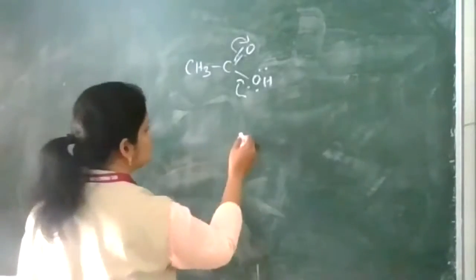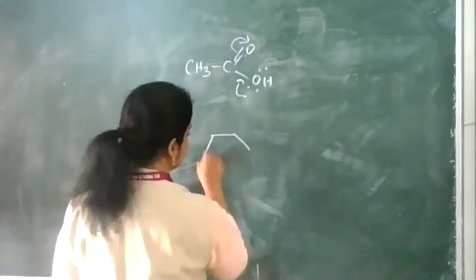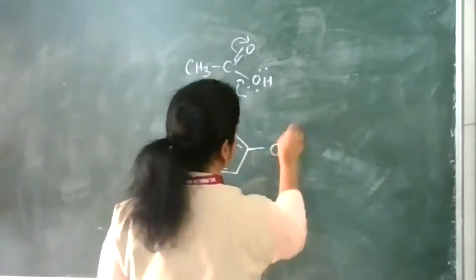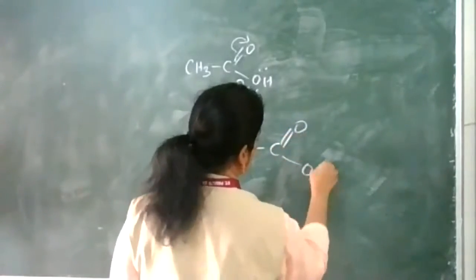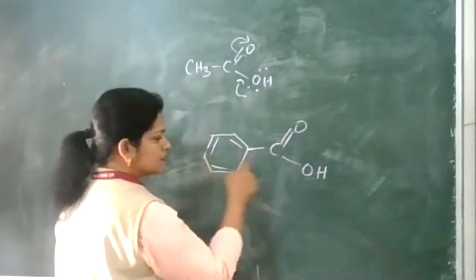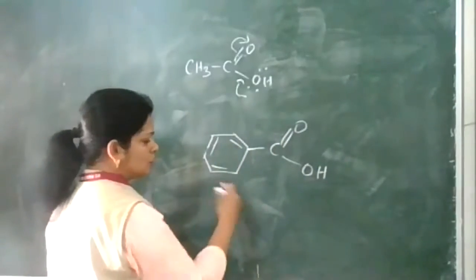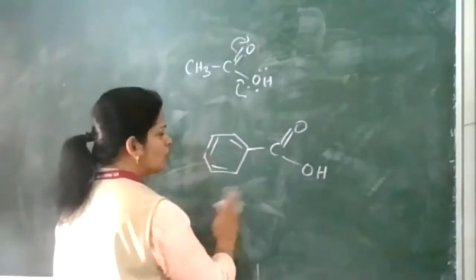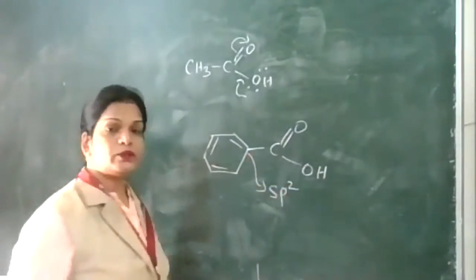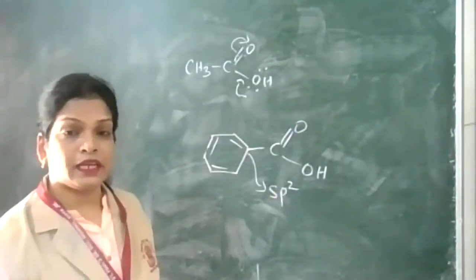Suppose it is attached to a benzene ring. Due to the presence of electron density here, this will show a minus R effect. Or more clearly, we can say an sp2 hybridized carbon atom is electronegative.